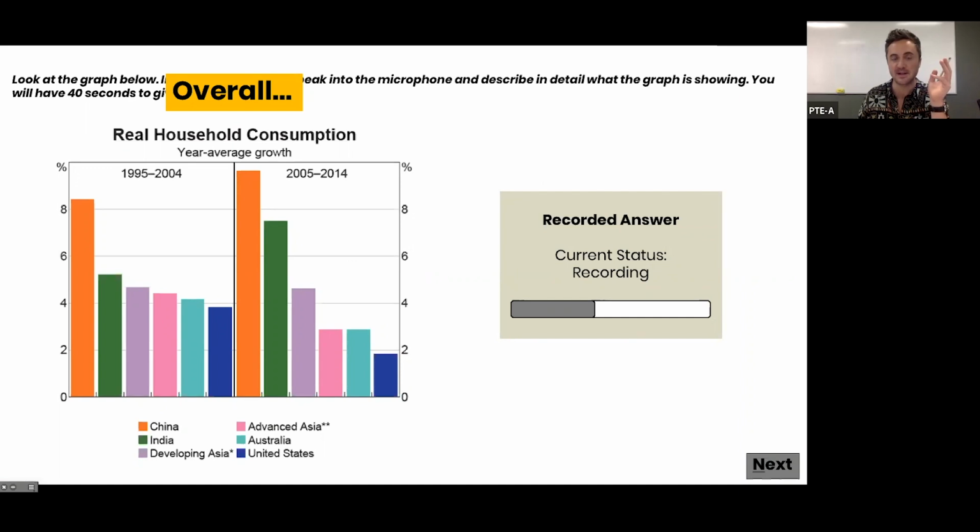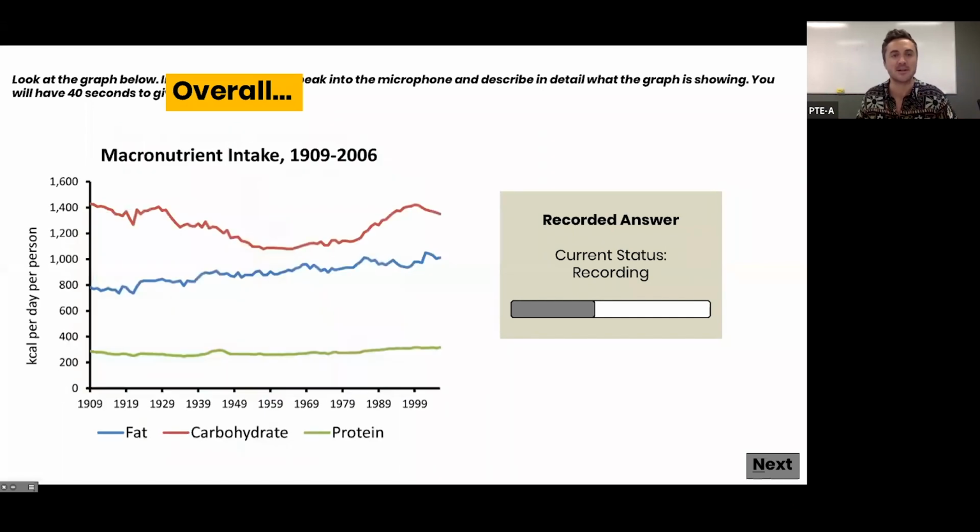I would say something like, overall, we can see that China consumes the most household consumption, which doesn't make any sense, but that'll do. Or I would say, overall, we can see that most countries decrease the amount of consumption over the years. I don't even know if that's accurate, but accuracy, don't worry too much.